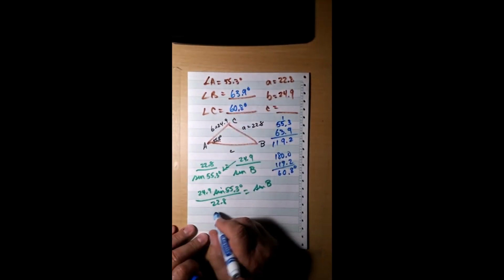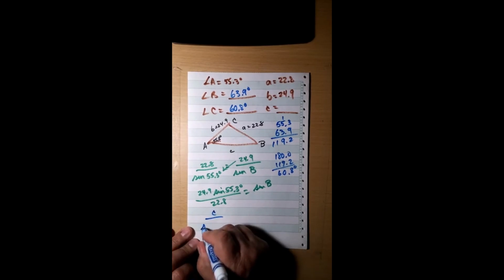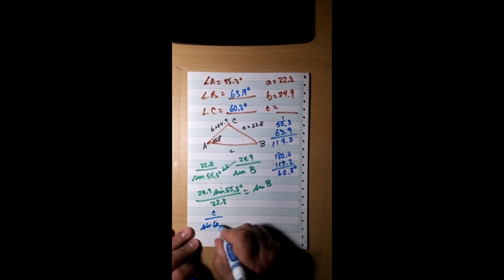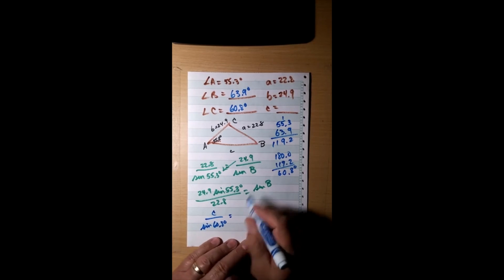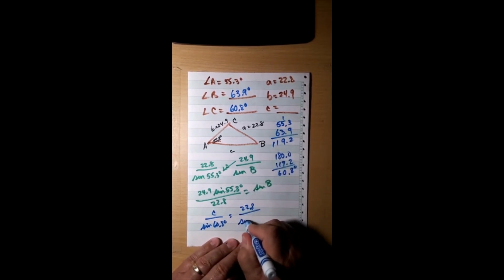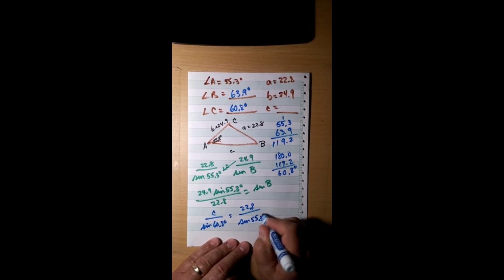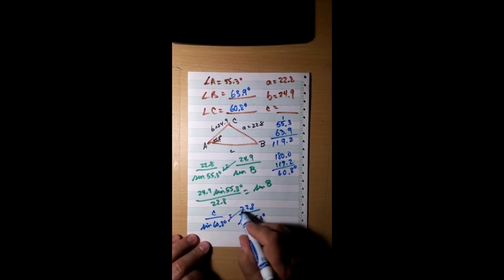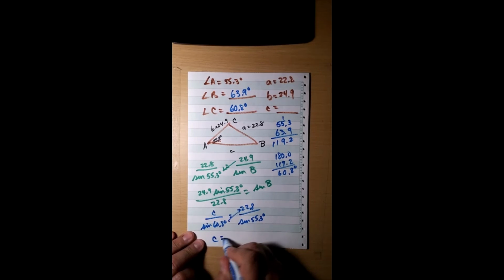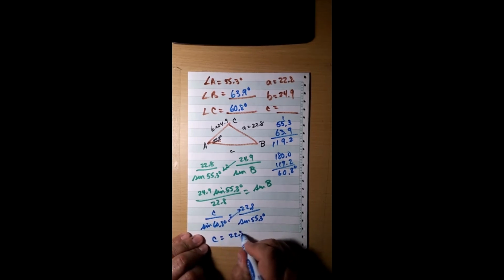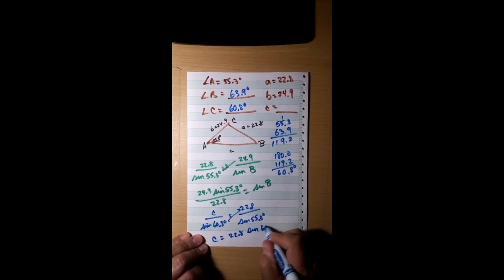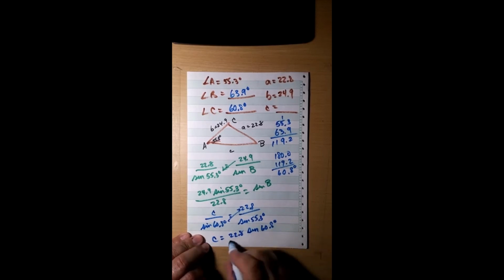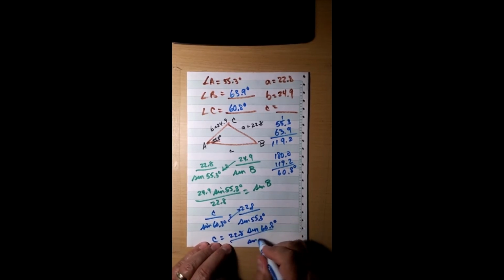C over the sine of 60.8 degrees equals, let's go back to A, the 22.8 over the sine of 55.3. Cross multiply, divide by the third, so C is 22.8 times the sine of 60.8 degrees divided by the sine of 55.3 degrees.